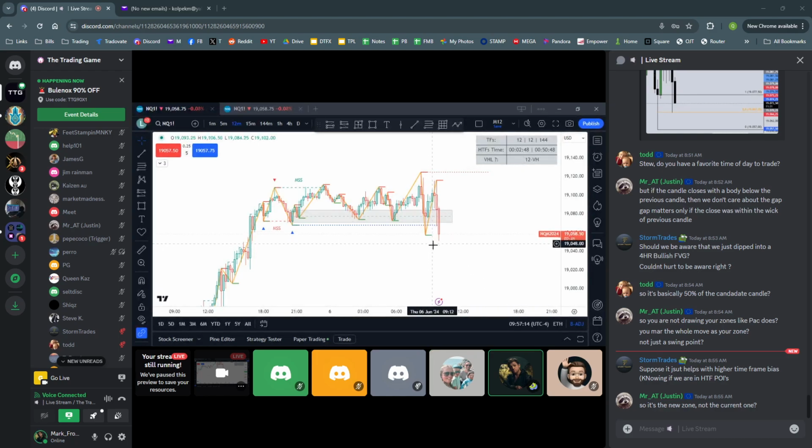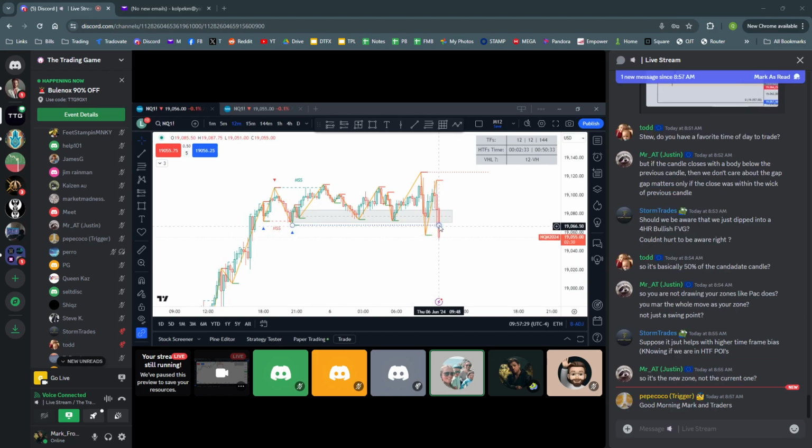How do you get that as the protected? Looks like it wicked above the previous high, but didn't close. Does it not need to close? Well, if we close this though, once we close this in 2 minutes, which it's most likely going to, then your protected high would be at the highest valid high, I believe. No?